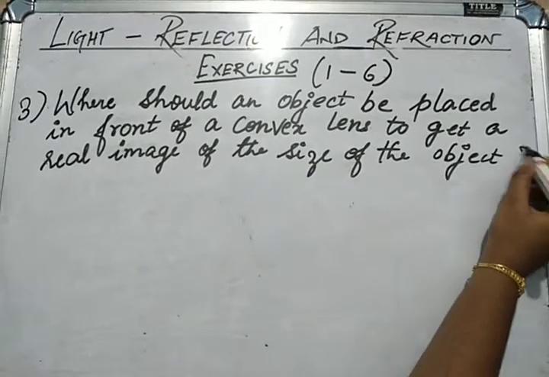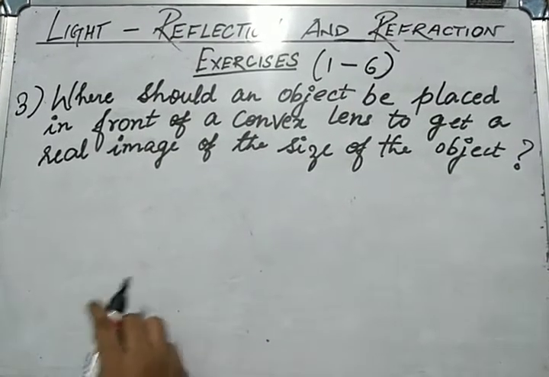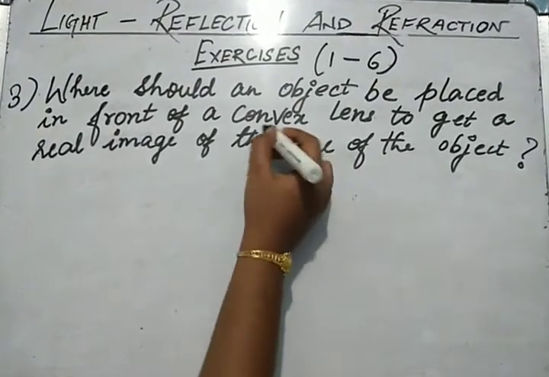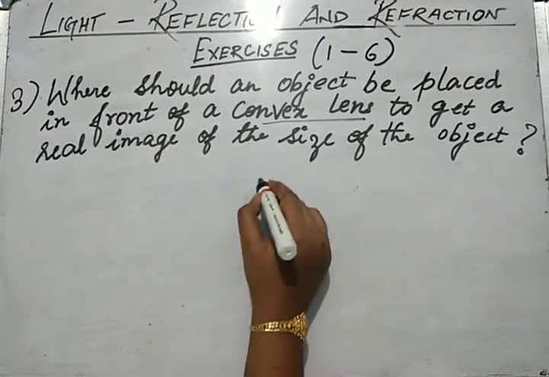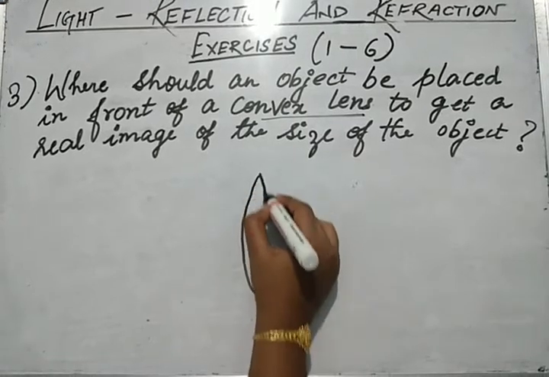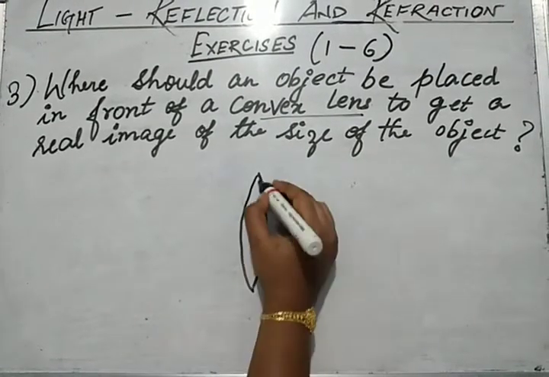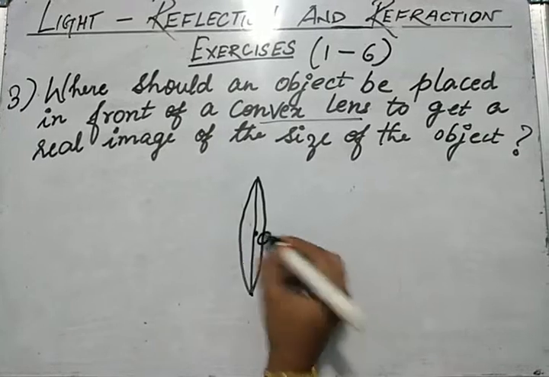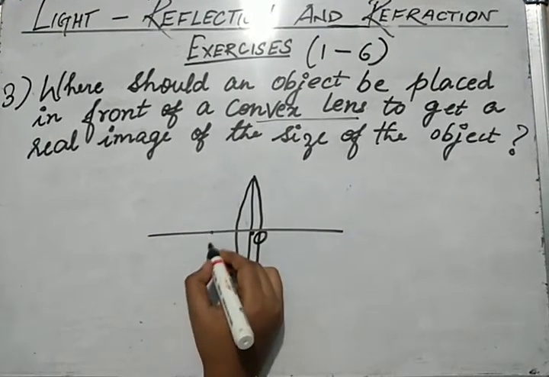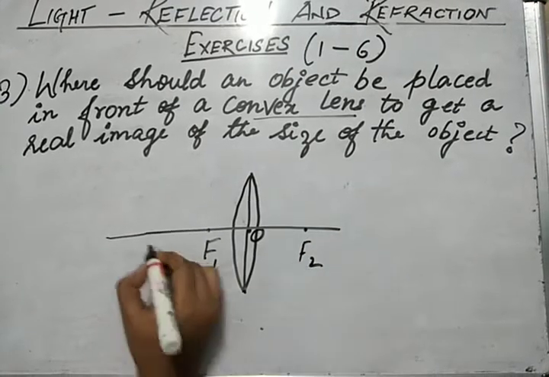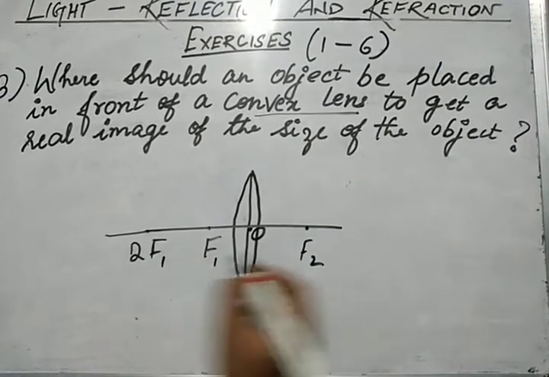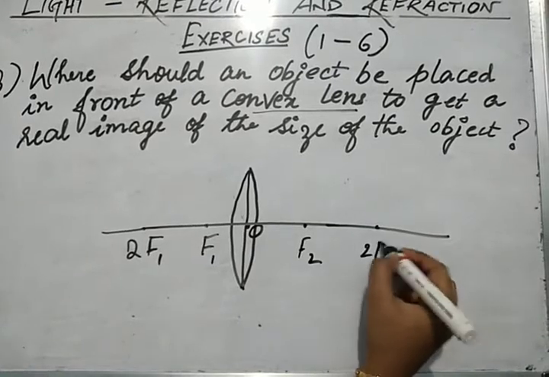Again, for this question also, you should be recalling the ray diagrams which you studied for convex lenses. Remember, when we studied the ray diagrams related to convex lenses, we saw that this is the optic center, and this is F1, F2, 2F1, 2F2.